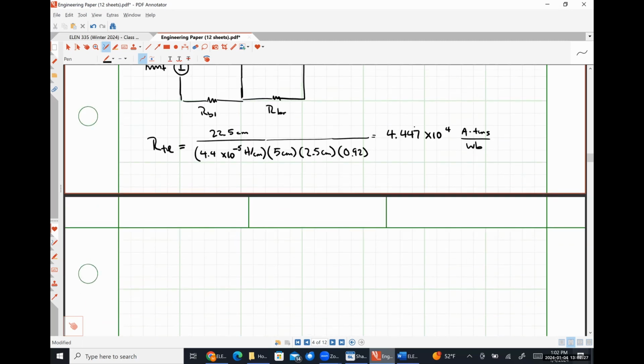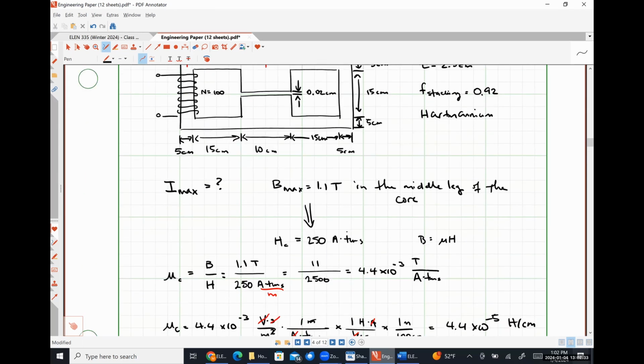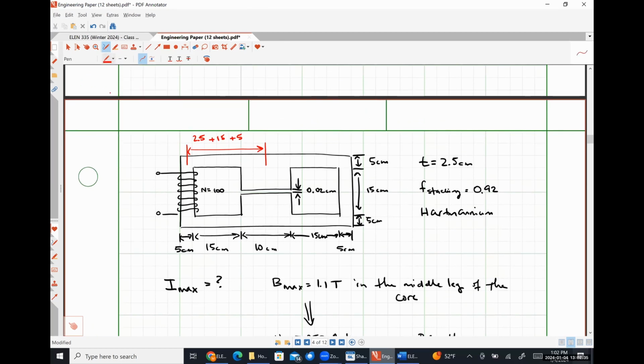For my left leg, go back up here. I'm looking for this length, which to me is just going to be 15 plus 5.